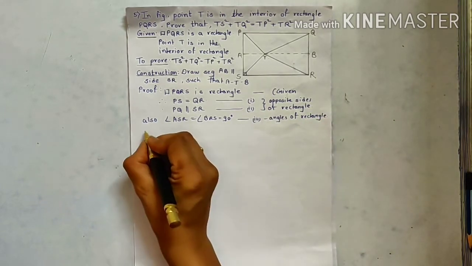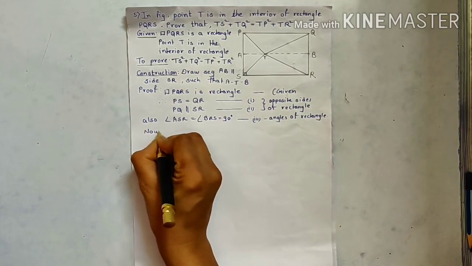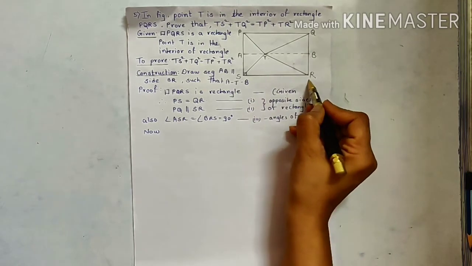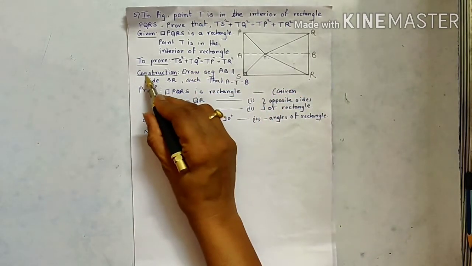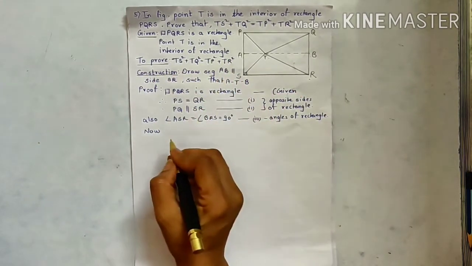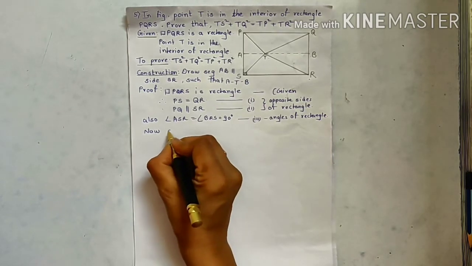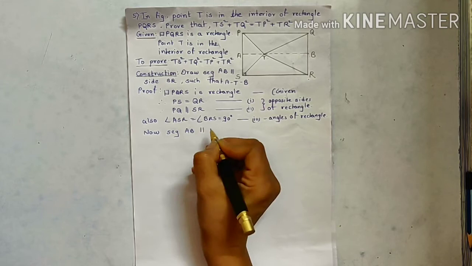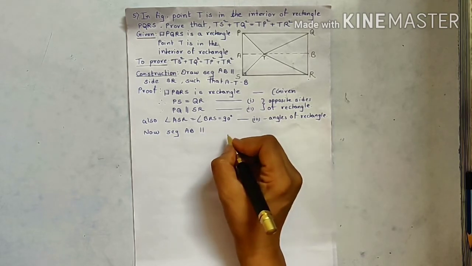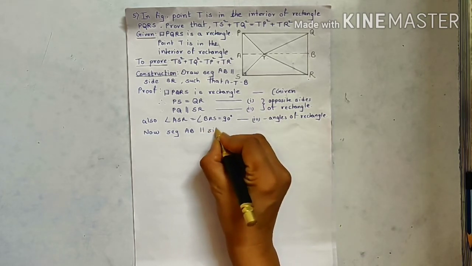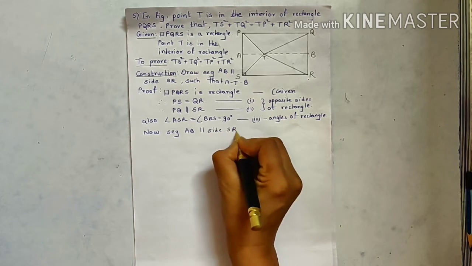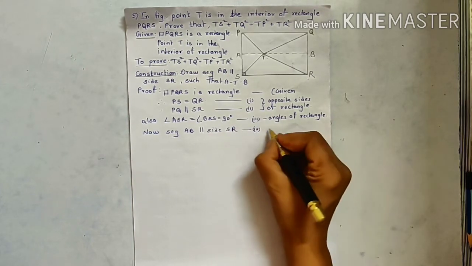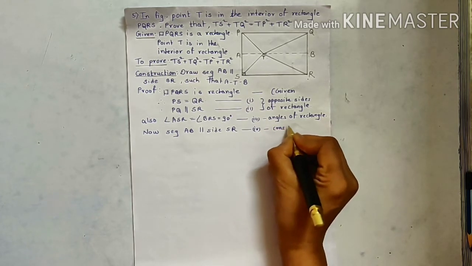Angles of rectangle. Now segment AB we have taken parallel to SR. This is our construction. Okay, so we will write that segment AB parallel to side SR, number it as 4, reason construction.